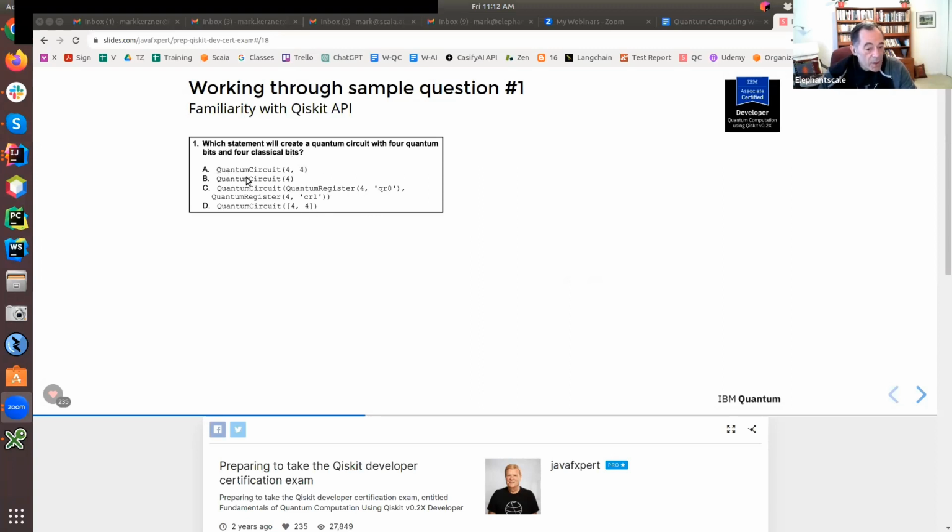Maybe by default, quantum circuit 4 and 4 also gives you the right answer. And that's a bit more complex. That would assume that you need to give the parameters as an array and not 2 separate parameters. Well, the only way to know is to prepare. Turns out that it is 8. It could have been, except a very complicated way of doing it, C, it could have been anything. So that will be a good way to learn. How about the next one?